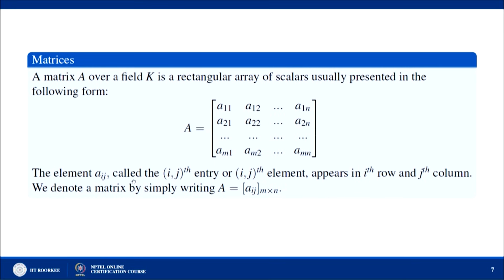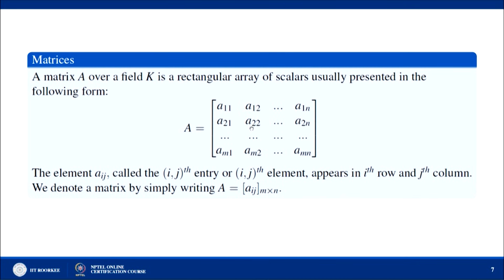If we take any Aij, Aij means the ijth entry of this matrix A. The ijth entry means the element in the ith row and the jth column. Suppose we are talking about A22, A22 is the element in the second row and the second column. If we are talking about A2n, A2n means the element in the second row and nth column.